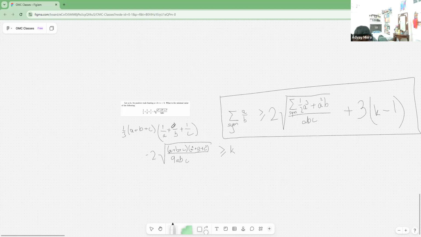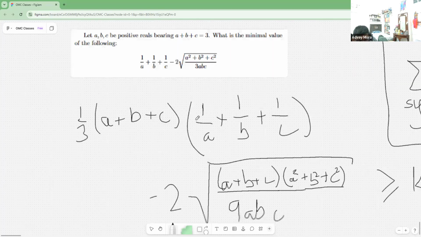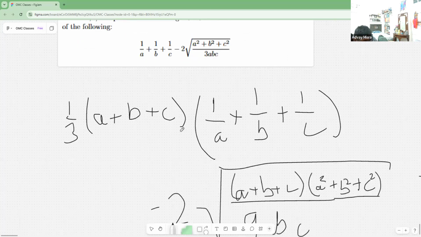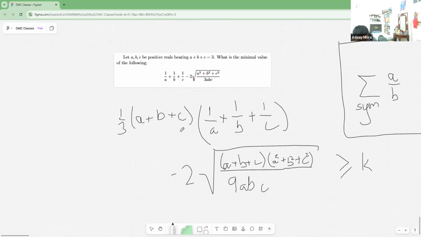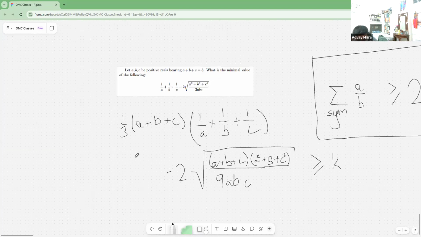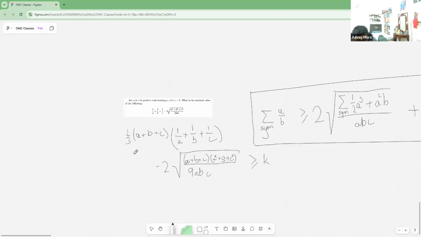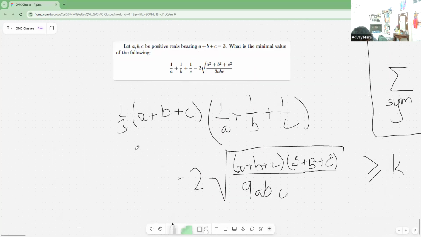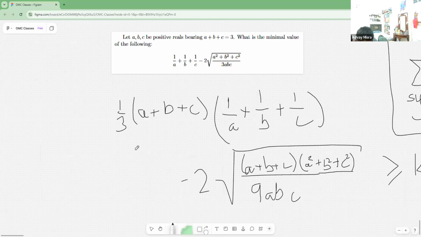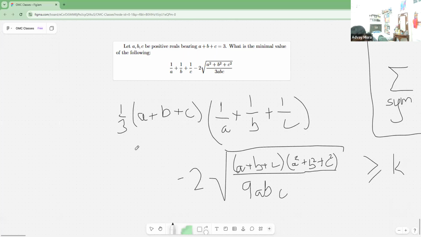The idea of homogenizing is that you try to get all the terms to be of the same degree. If you sum up the degree of A, the degree of B and the degree of C in a given term, all of those should sum to the same thing for all the terms in your inequality.